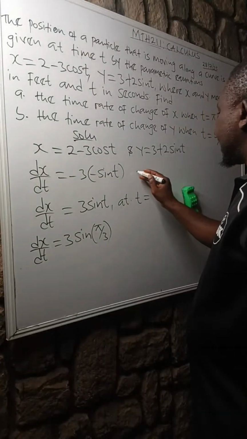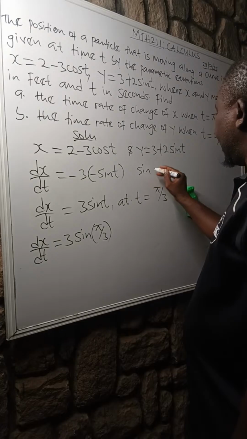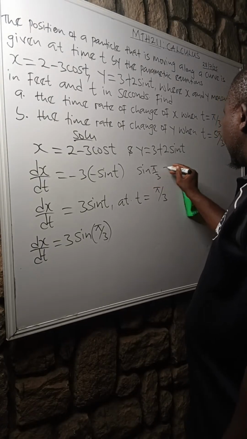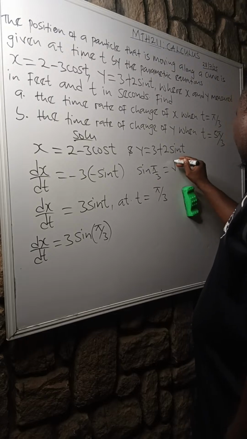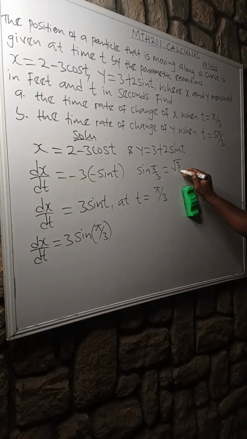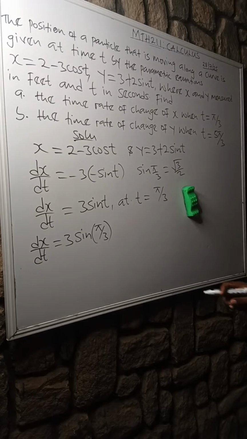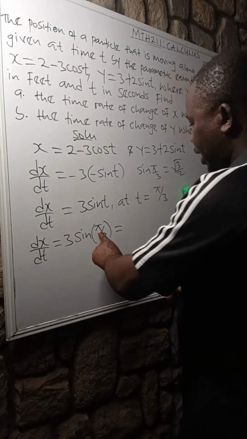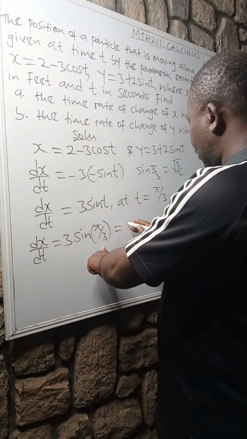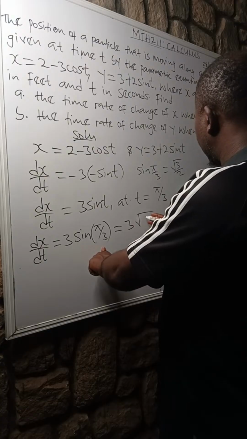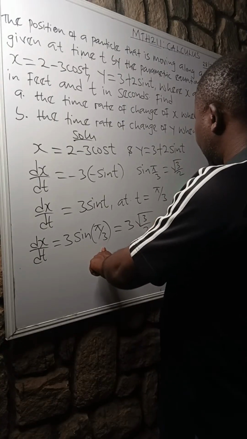Sine pi all over 3 is square root of 3 all over 2, so we get 3 square root of 3 all over 2.